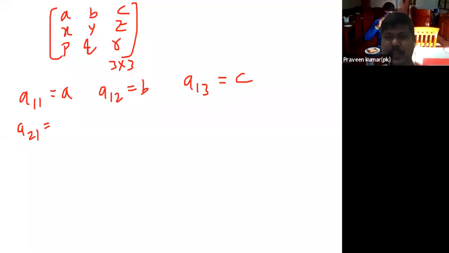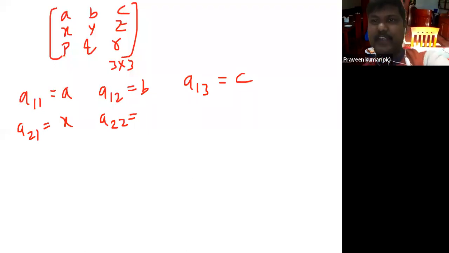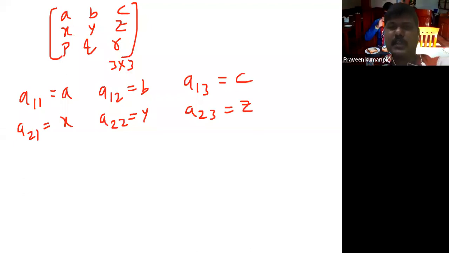Next, my dear students, I will ask A21. Second row, first element. Good. X. Now, second row, second element, A22. Perfect. Second row, second element is Y. A23. Second row, third element. Z. Correct. Now, I'll move to the third row, first element.